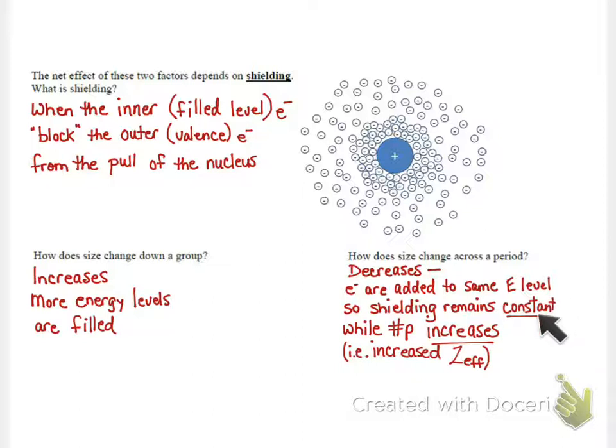So shielding remains constant. Yet the nucleus is getting more protons, so the nucleus has more pull, but the same amount of shielding. So we say that there is increased ZEFF, or increased nuclear charge. So the nucleus has a little bit more power as you go across, and it makes the atom smaller and smaller.